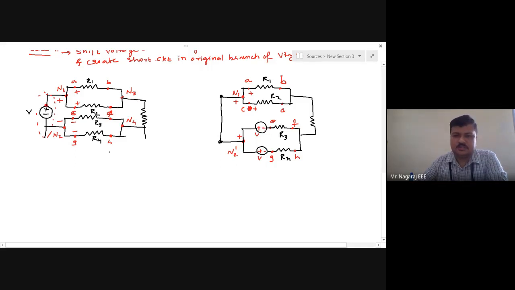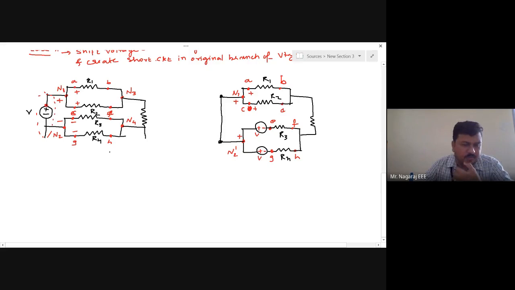So this is how we have to shift the voltage source beyond the node. Keep in mind that the polarity of the terminals of circuit elements should be retained after the shifting. That is the rule. Once we go into the numerical problem solutions, we'll get more practice to do this.